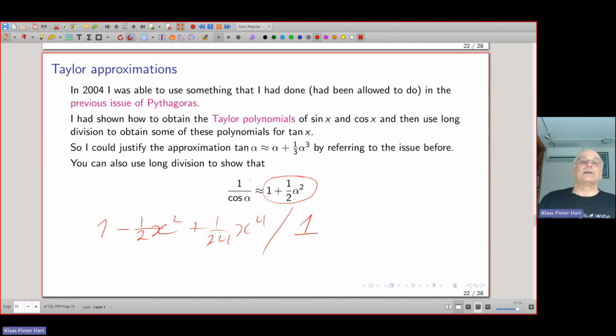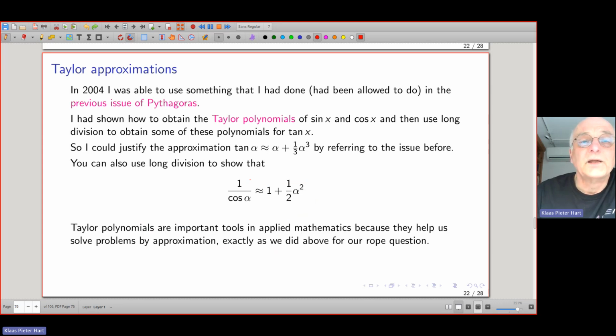You get this as an approximation of 1 over cosine alpha. And you can keep on going, and you will be following in the footsteps of Newton when you do this kind of arithmetic, because that is how he got very many of his results in the beginning of the calculus. He used long division and root extracting and that kind of thing a lot to get things that we now call the Taylor polynomials for the cosine and the sine and other functions.